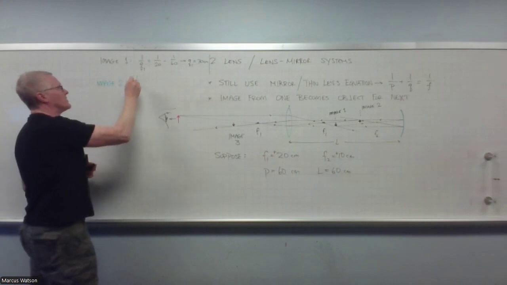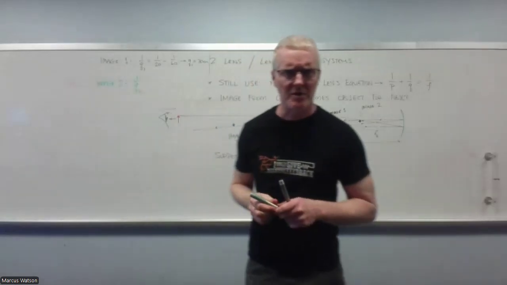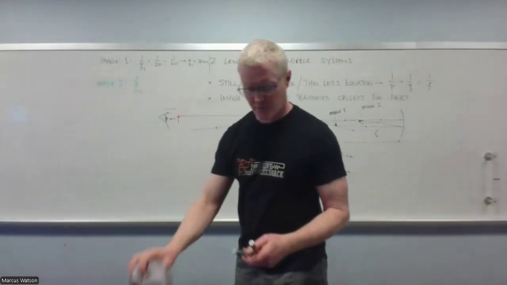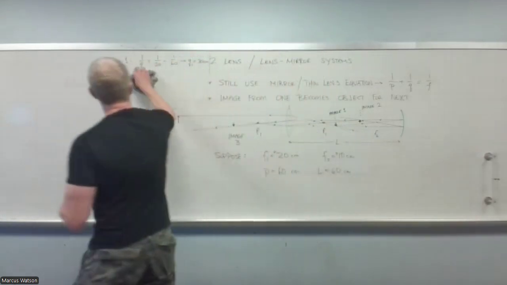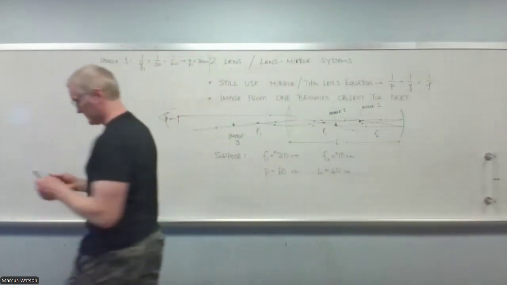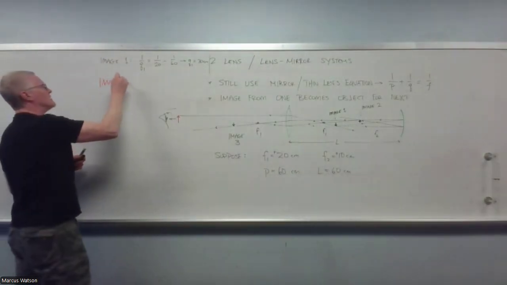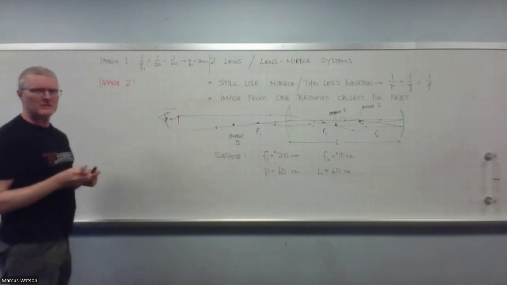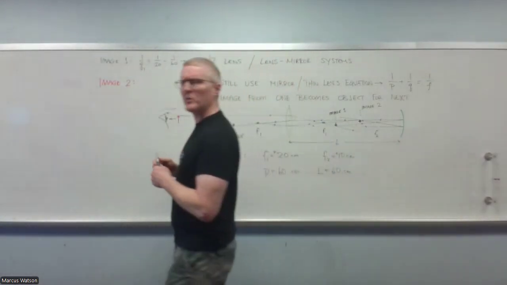I'm going to do the same exact equation here, which is not showing up quite as well with the green. Let me try this. Image 2. Okay, that looks like it might work.